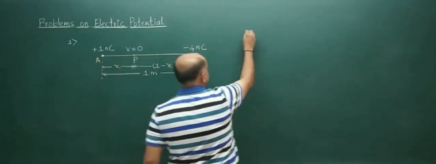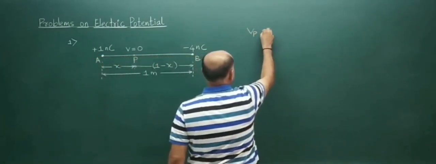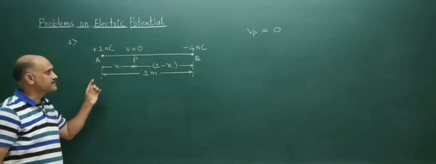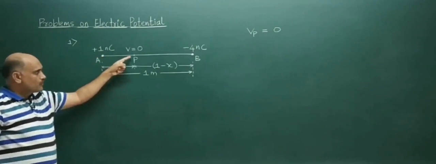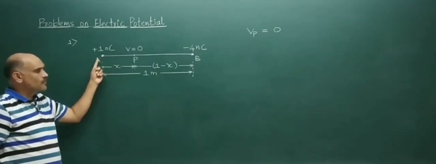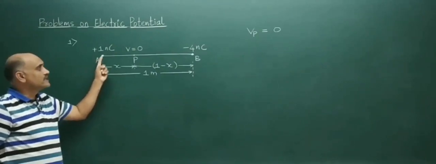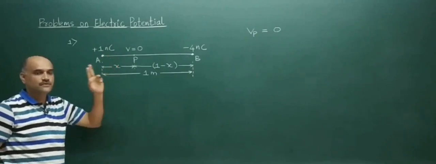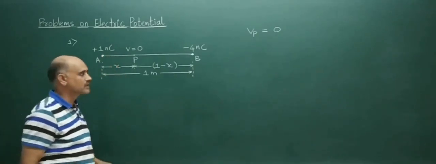So potential at point P is equal to 0. Potential at point P is due to the charge at point A, which I will take as VAP. As it is positive, potential will also be positive. It is a scalar quantity.